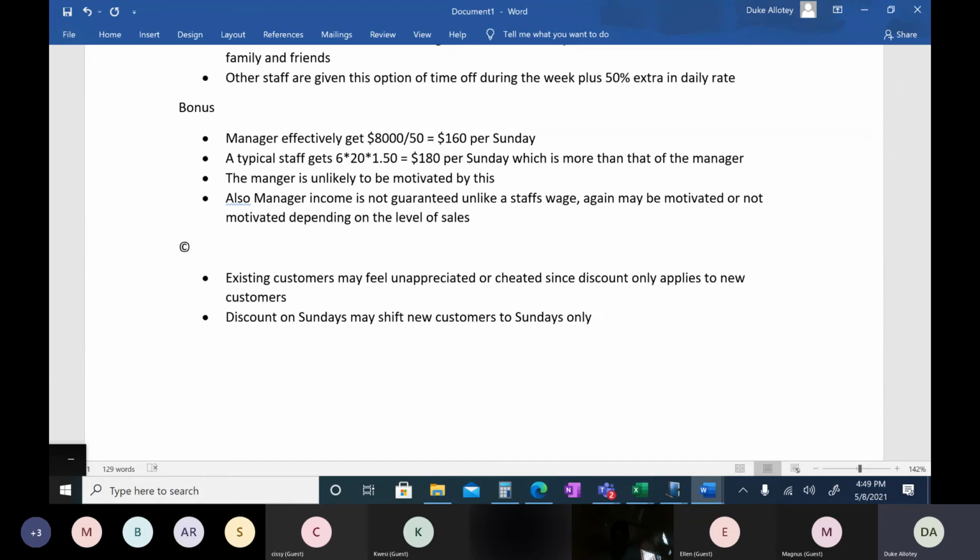Okay. Now, the other point is anytime you reduce prices, some people may have a feeling that what you are offering is too cheap.